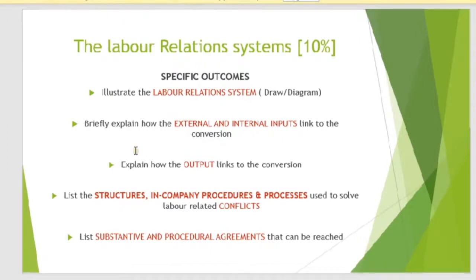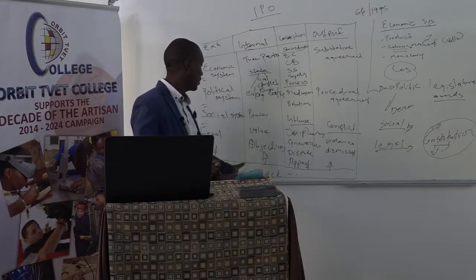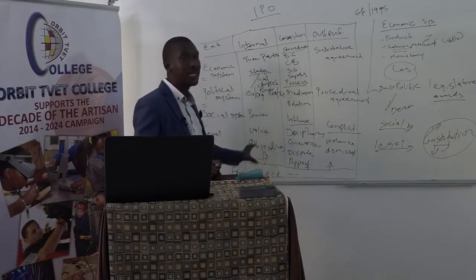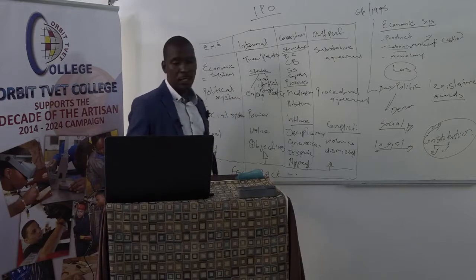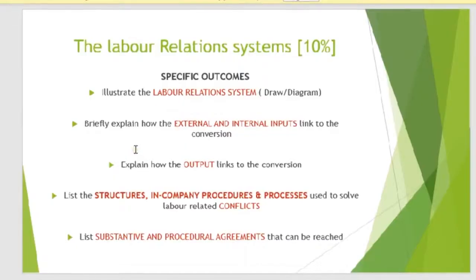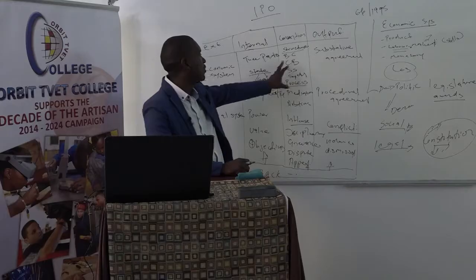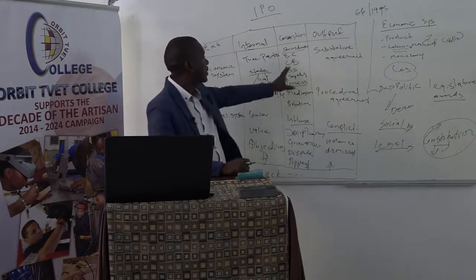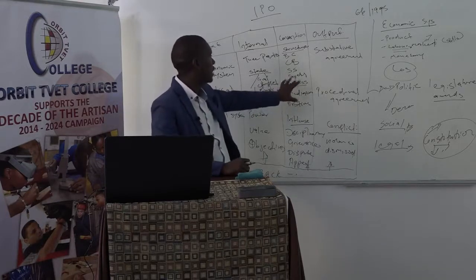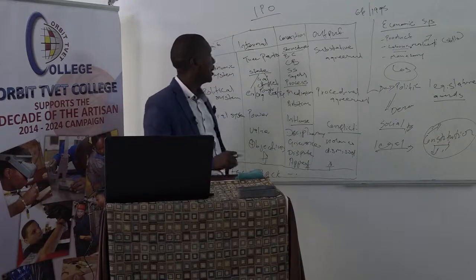The second part, on the external and internal inputs link: you still remember that the feedback is always the link between all these components. And in terms of listing the structures and the in-house policies, please always have at least 4 in mind. You have the bargaining council, the conciliation board, the shop steward, and the safety committees.